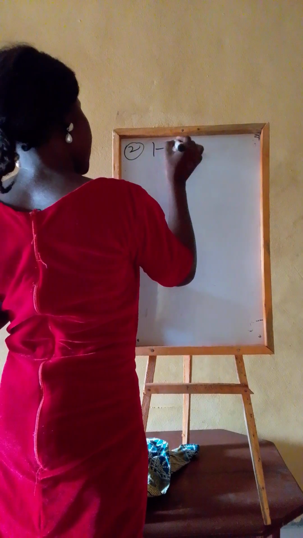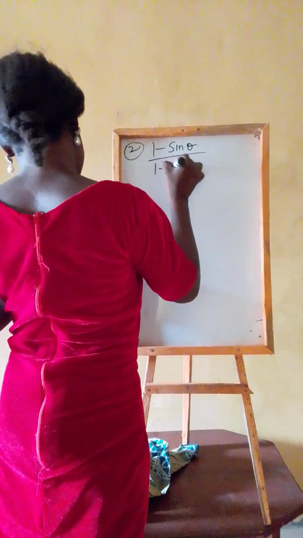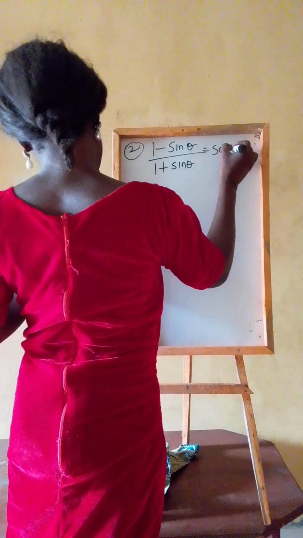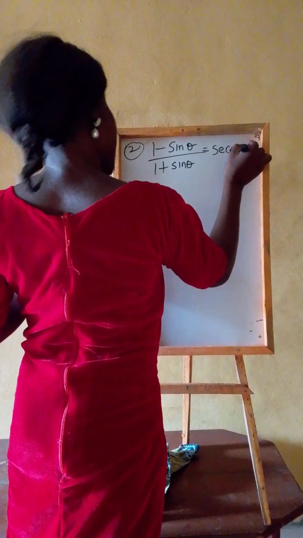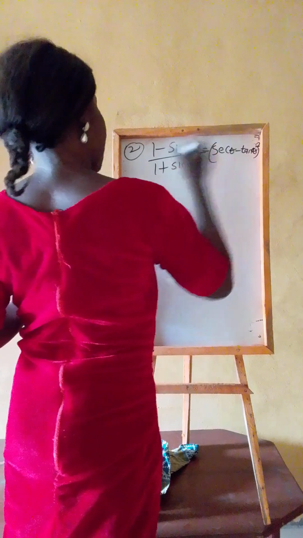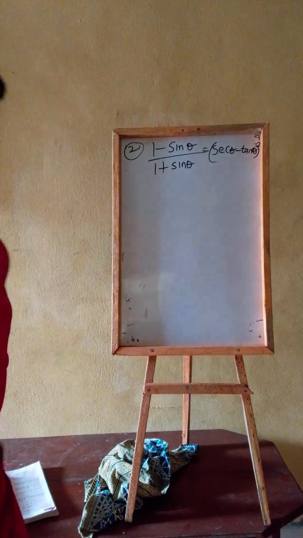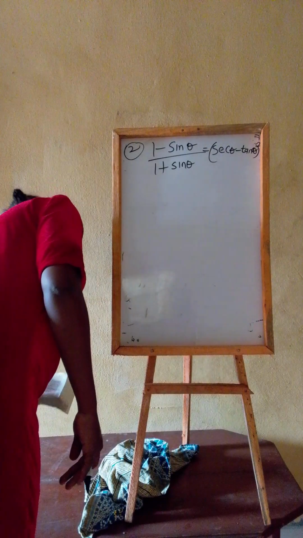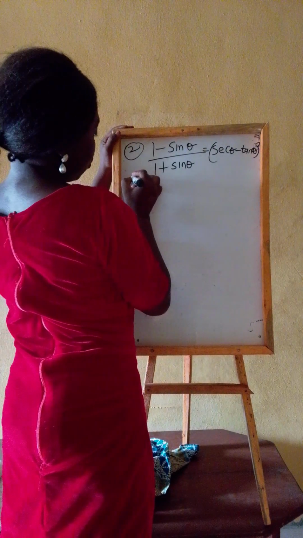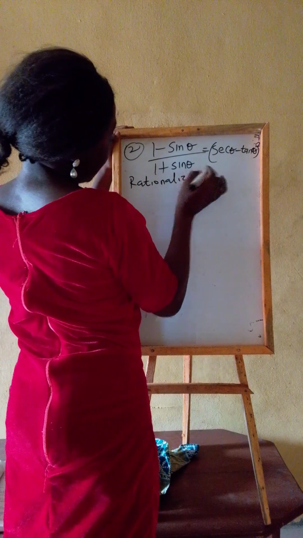We have (1 minus sin theta) over (1 plus sin theta). That's going to give us (sec theta minus tan theta) squared. So what do we do here? The first thing to do is to rationalize.